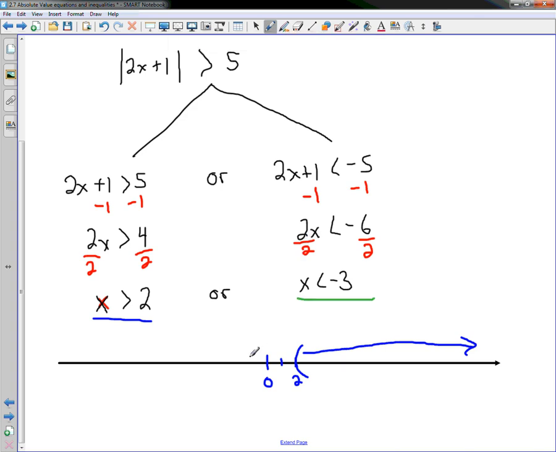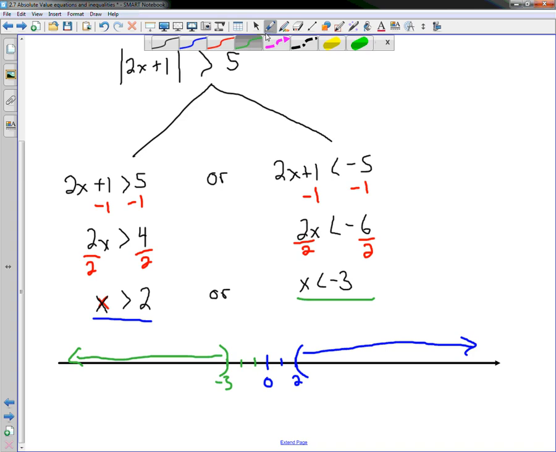X is less than negative 3. 1, 2, negative 3. The less than is to the left, and we're using a parentheses. Again, since this is an or statement, we're going to include both of these answers. So our solution would be the graph of both of them together. Okay, it can be one or the other.